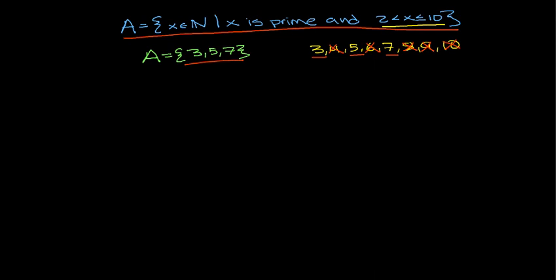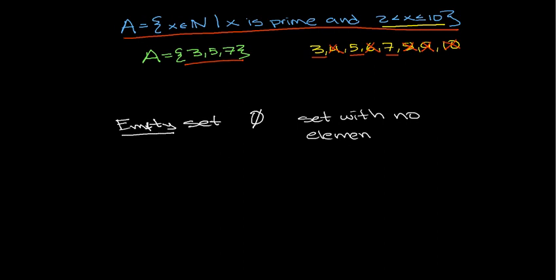So let me present to you another very important set, the empty set. The empty set is going to be denoted with this sign. This is, as the name says, the set with no elements. Why do we want a set with no elements?